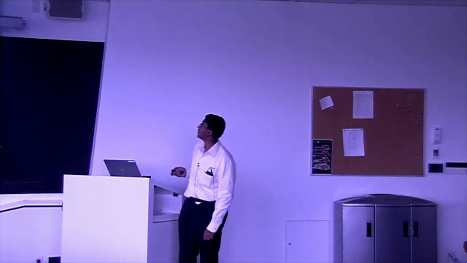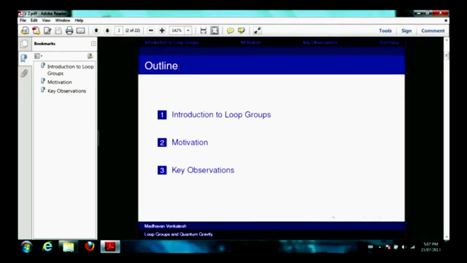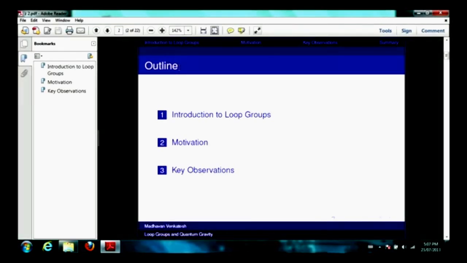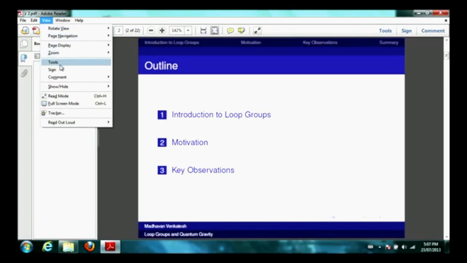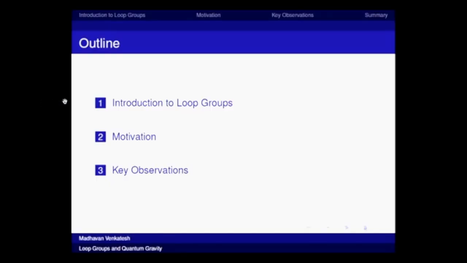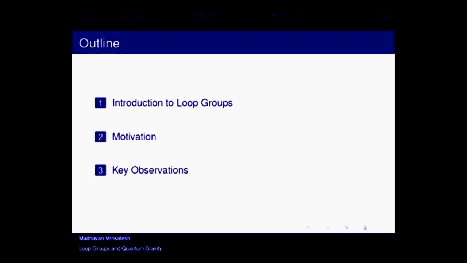So yeah, this is the outline of my talk. The first part deals with an introduction to loop groups. It's about what a loop group is, examines their properties, and we undertake some formal constructions on them as well.